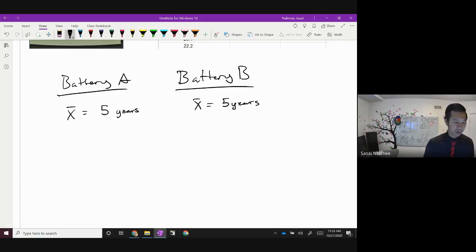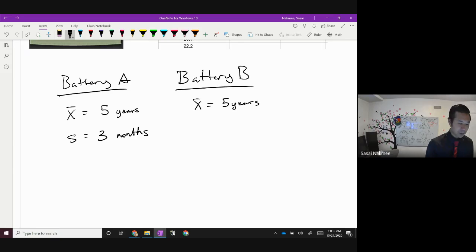But here's what you do know, though. Battery A has a standard deviation of, let's say, 3 months.